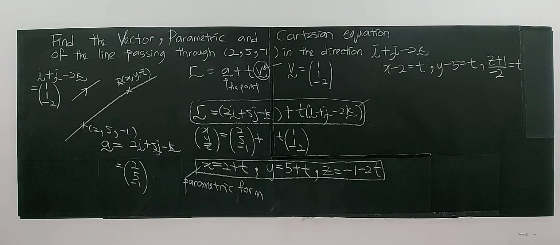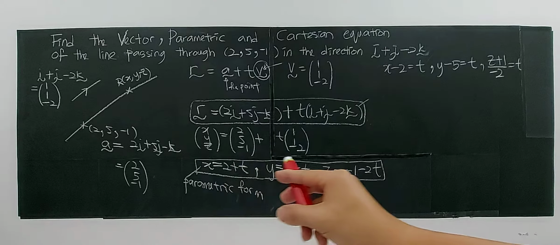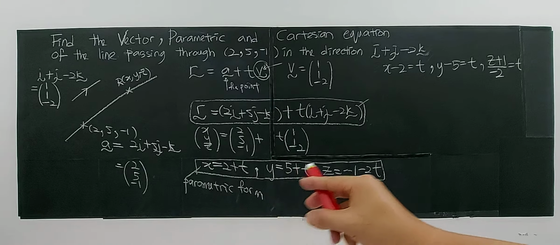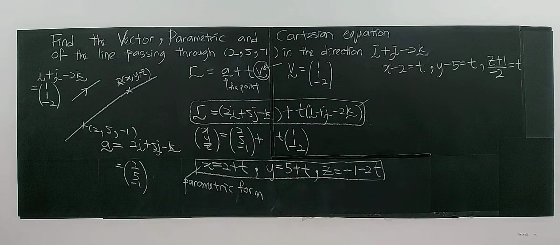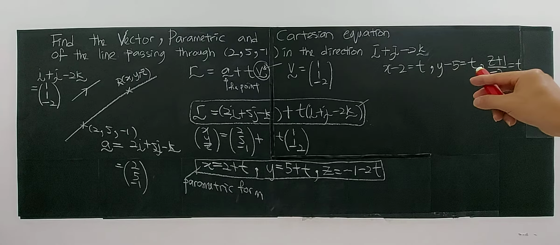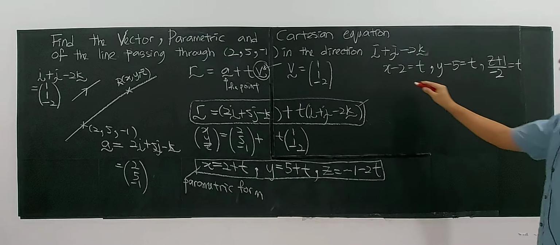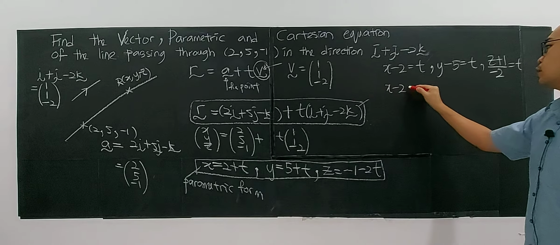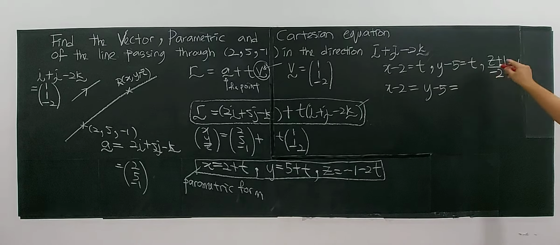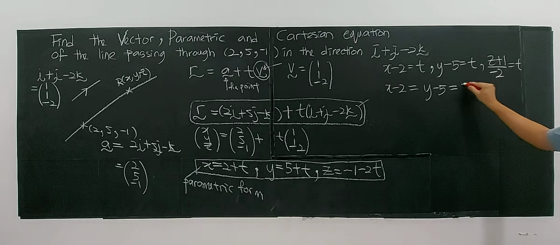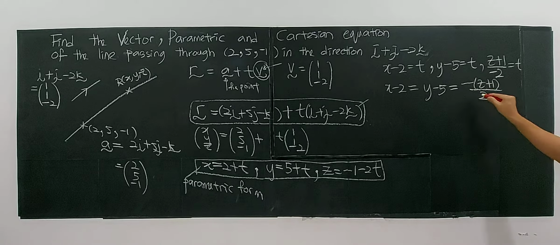If you see carefully, t can be written in terms of x minus 2, in terms of y minus 5, and in terms of z plus 1 over negative 2. Since these are all equal to t, I can conclude that x minus 2 is the same as y minus 5, which is the same as z plus 1 over negative 2.